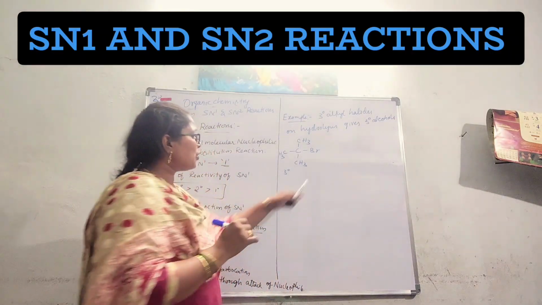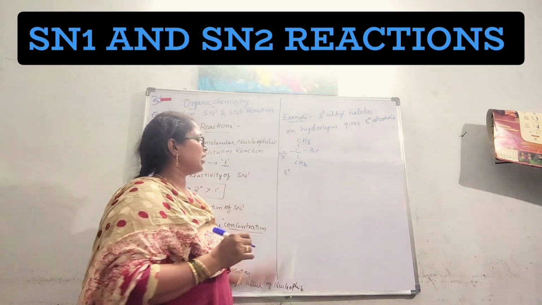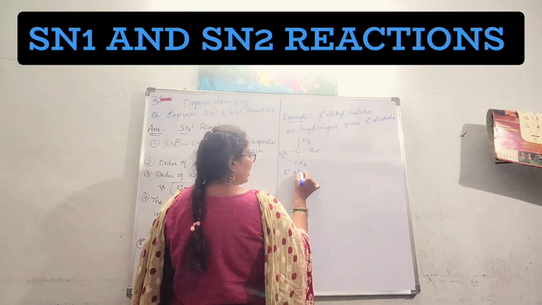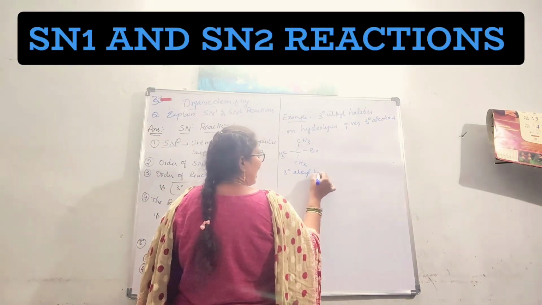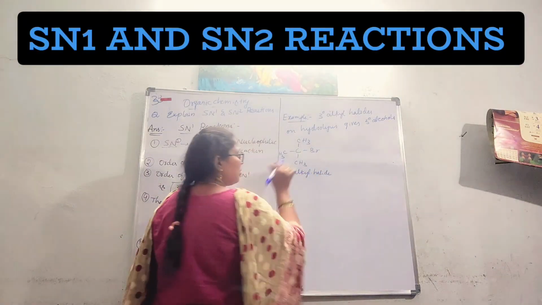When the halogen atom is attached to a tertiary carbon, it is called a tertiary alkyl halide. What is the name of this compound?